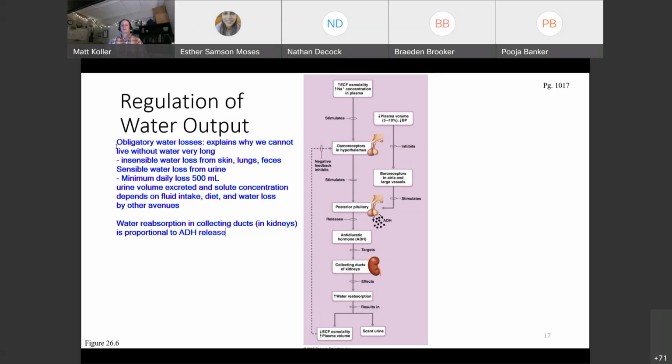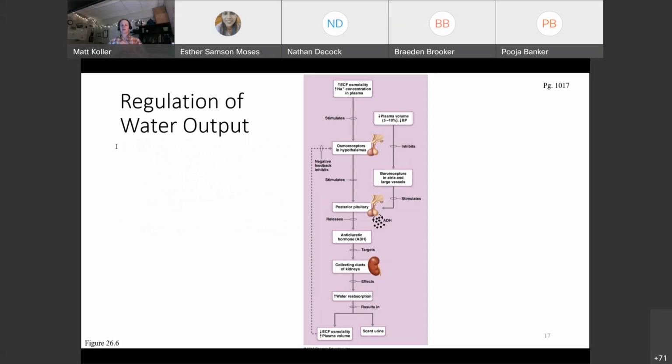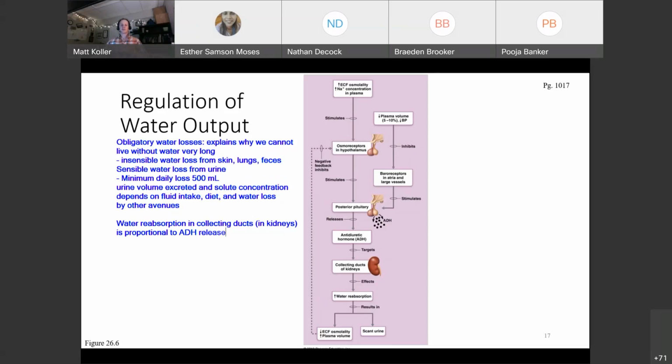So you release more antidiuretic hormone, you're going to reabsorb more water. If we don't have as much antidiuretic hormone, your urine is going to be a lot more dilute. It's going to be lighter in color, right? If we have increased antidiuretic hormone, we're going to have concentrated urine.